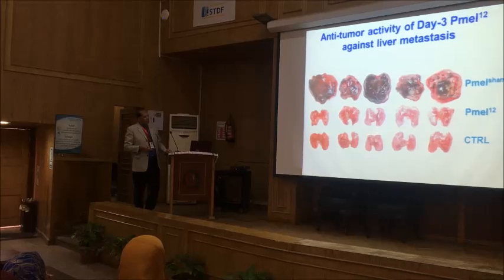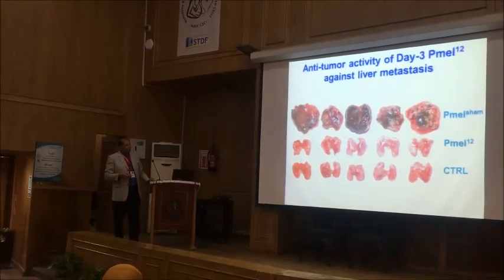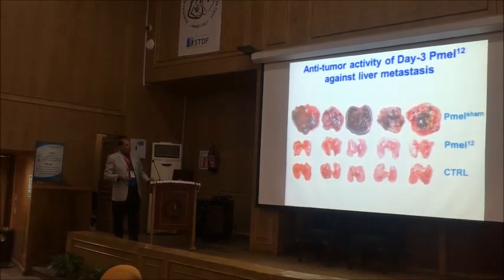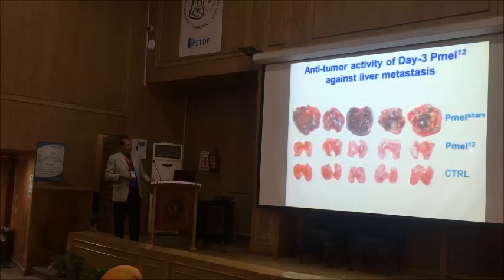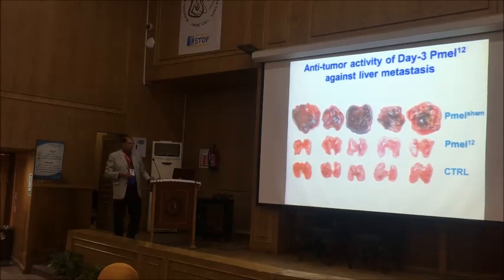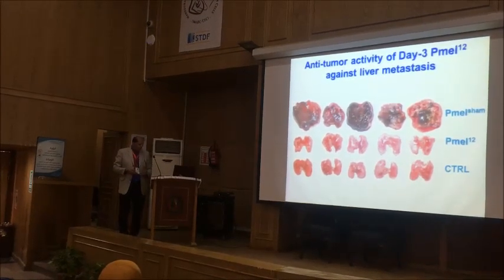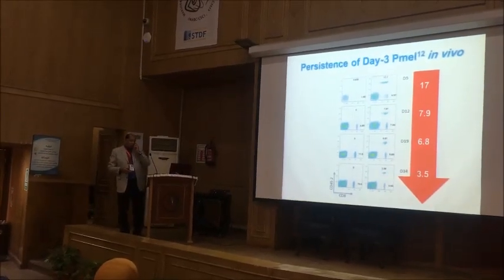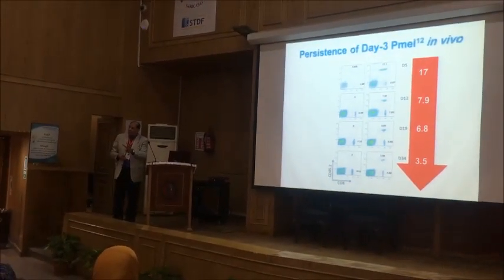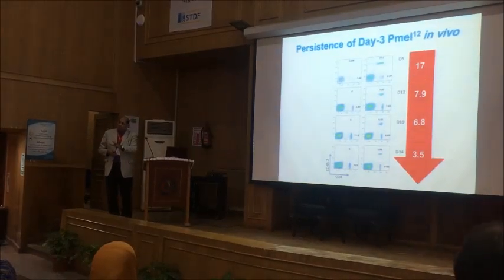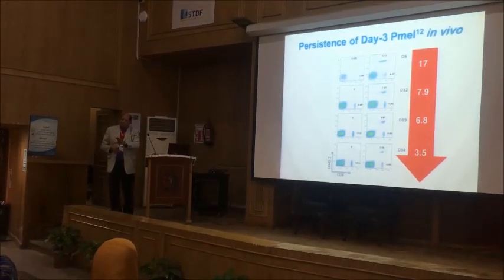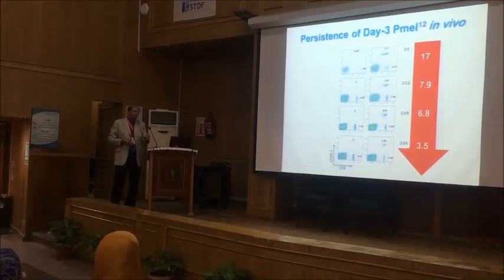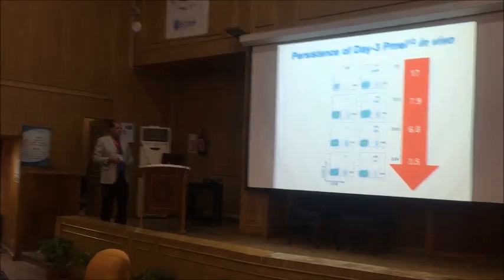We show some lines from control, sham and B-mel IL-12. This was also amazing for us. There is no tumor in the lung, which confirmed that these cells can move into the subcutaneous tumor microenvironment, the primary tumor, and also into the metastatic tumor.